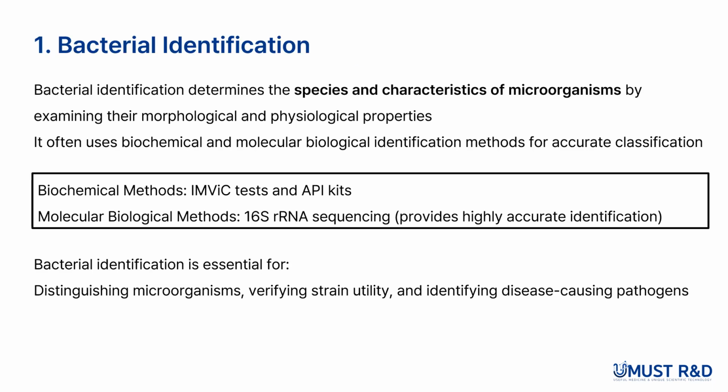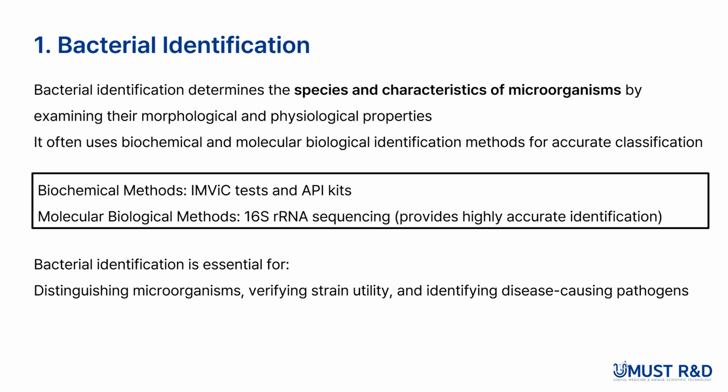Bacterial identification determines the species and characteristics of microorganisms by analyzing their morphological and physiological traits. To achieve accurate classification, we use biochemical methods such as the IMVIC test and API kits.